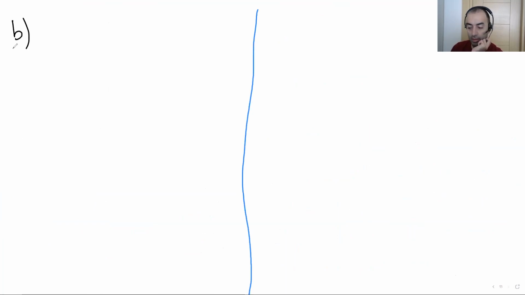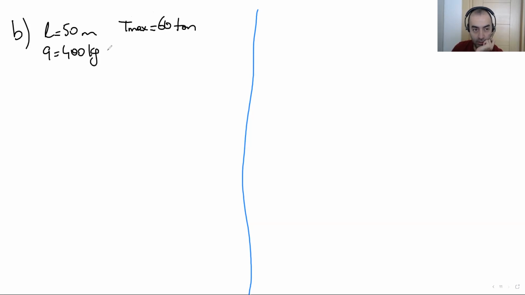B. L is 50 meters, Tmax is given, Q is 400 kilograms per meter, and S here. Tmax is the combination of the horizontal force and the vertical force.